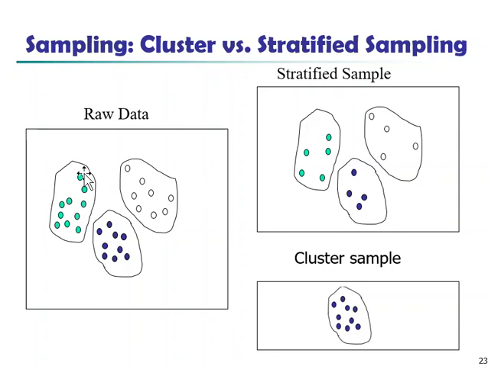So we will group students of the green race and white race and blue race into groups, and we make sure we sample the same percentage of the observations from each of the groups. So this is stratified sampling.